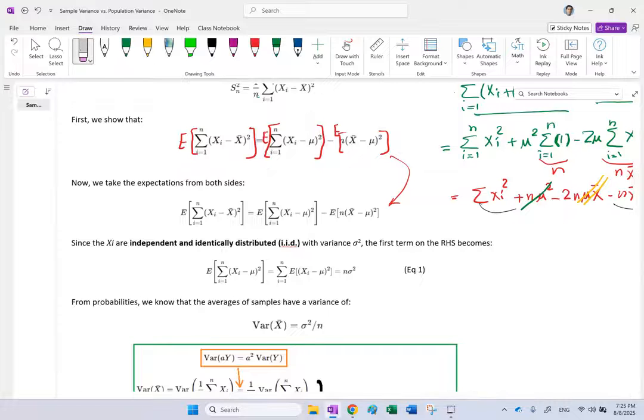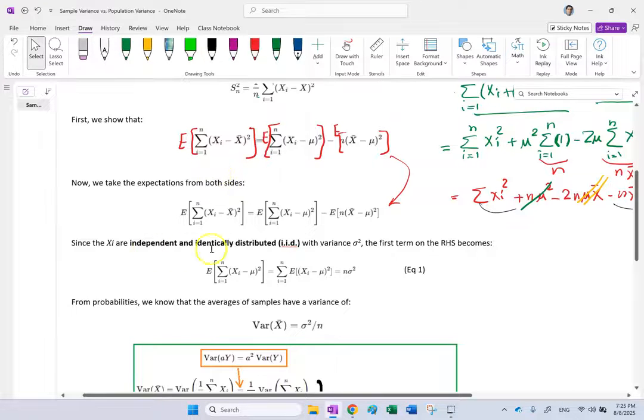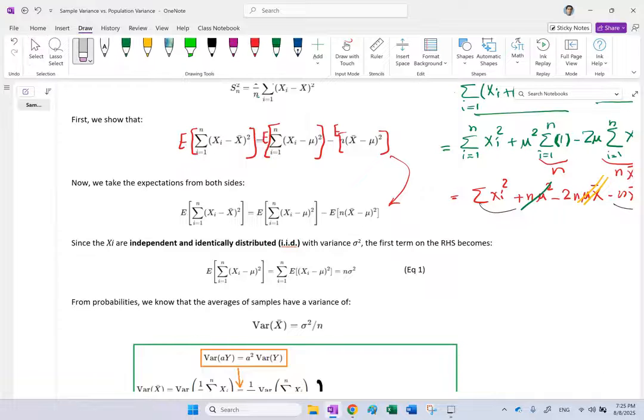Now, because these data are IID, or independent and identically distributed, and they are coming from a population with variance of sigma squared, the first term on the right-hand side becomes equal to what? If you look at this, this is the expectation of each one of these data points minus the average of the population, squared.